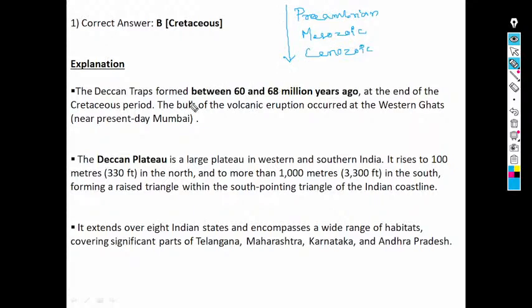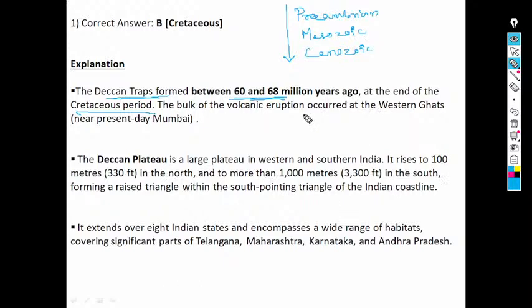Precambrian, Mesozoic, and Cenozoic. If we discuss the Mesozoic era, then the Deccan trough formed between 60 to 80 million years ago, at the end of the Cretaceous period.